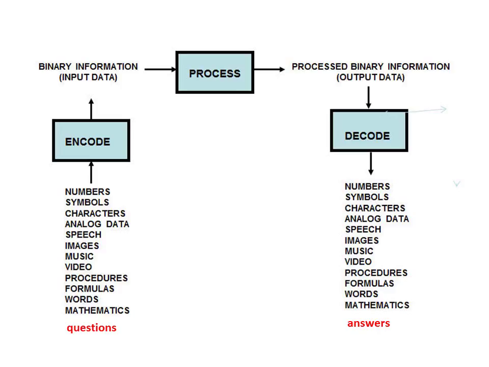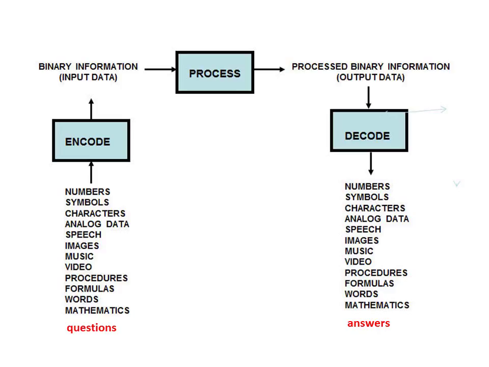Let me focus a moment on the process block. This is the heart of a microcomputer, although without encode and decode functions, the microcomputer really would be pretty useless. So what does a processor do?